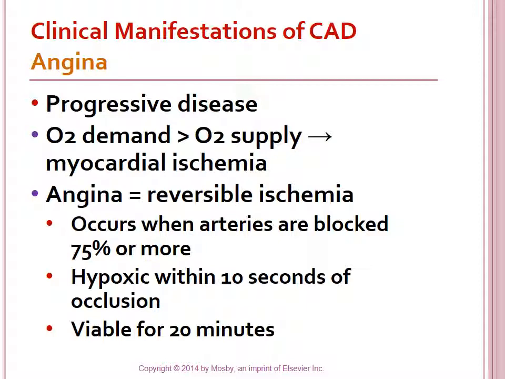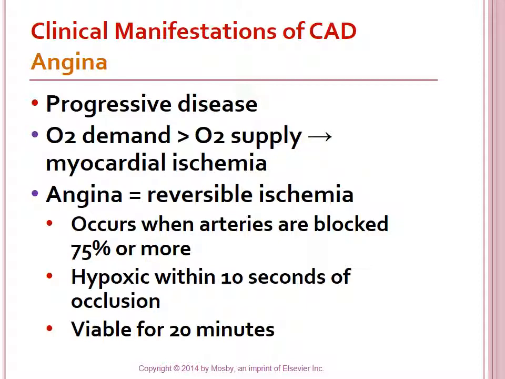Angina, which is just another word for chest pain, is the clinical manifestation of reversible myocardial ischemia. Either an increased demand for oxygen or decreased supply of oxygen can lead to myocardial ischemia. The primary reason for insufficient blood flow is narrowing of coronary arteries by atherosclerosis.